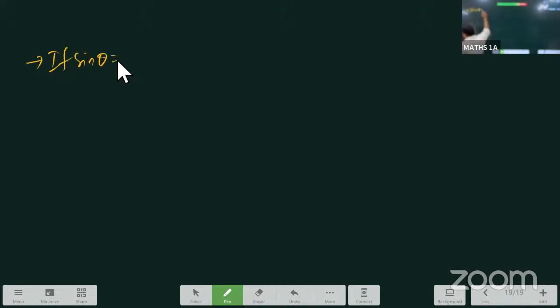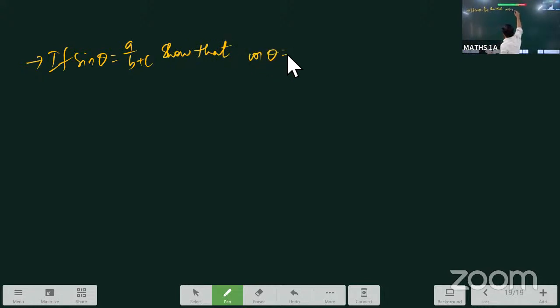If sin theta is equal to a by b plus c, then show that cos theta is equal to 2 root bc by b plus c into cos A by 2. Is it clear?